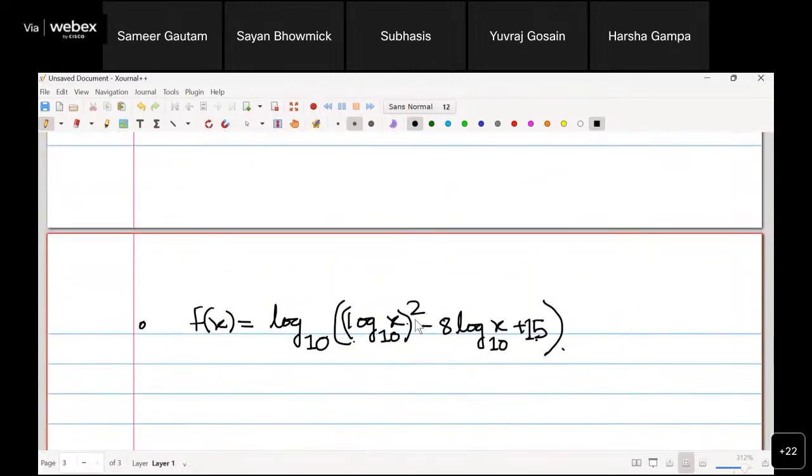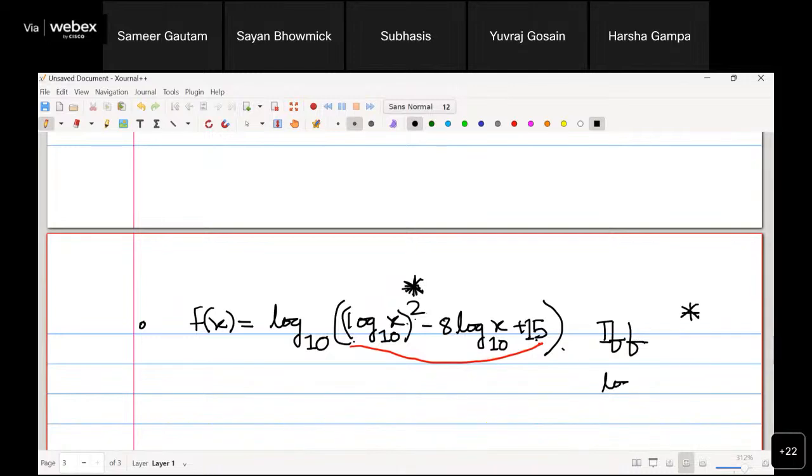So you need to find the values of x. This thing is my star, right? So this is defined if and only if my star is positive. So what is my star here?